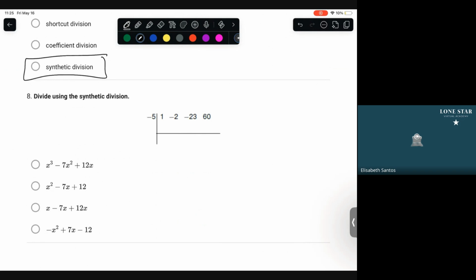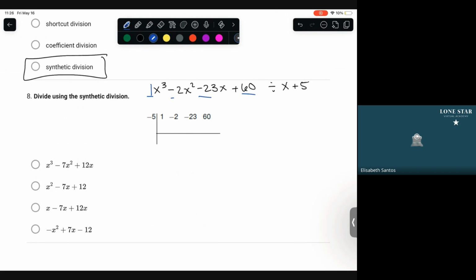It is x cubed minus 2x squared minus 23x plus 60 divided by x plus 5. So when we're dividing this and we're doing the synthetic division, we look at the coefficients first. So if we don't see a number for the coefficient, it's 1, and you just write those down. So 1, -2, -23, and then you write the constant, 60.